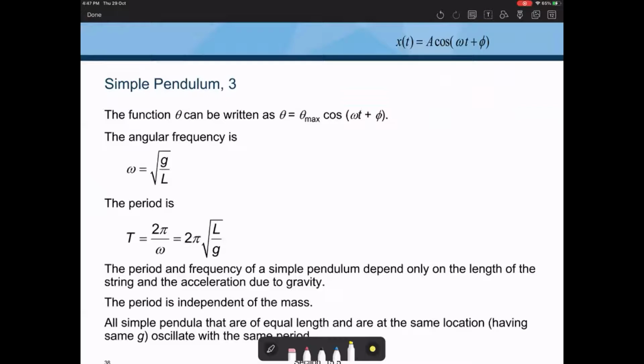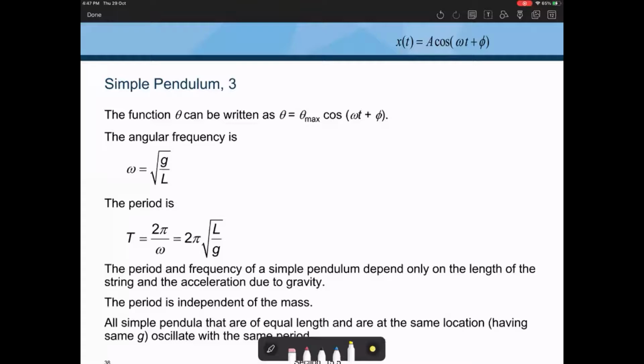If you release it from the maximum displacement, it would be a cosine function. If you start from the equilibrium point and give it a kick at the equilibrium point, then it is going to be a sine function for the particle displacement. So you have to decide it case by case.